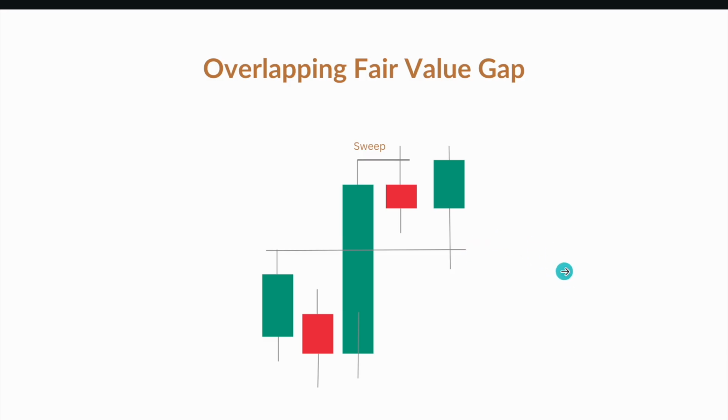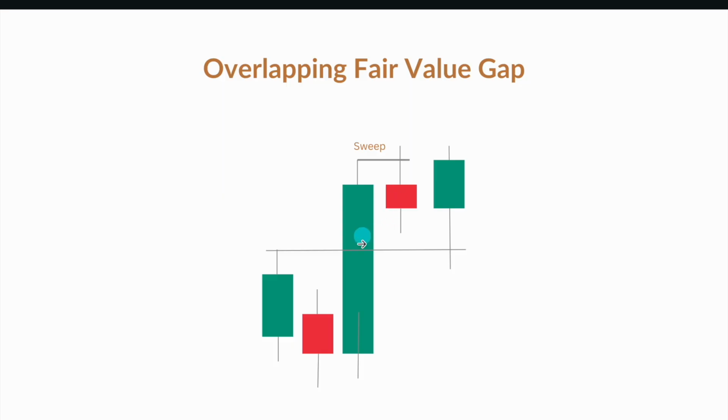So how can the fair value area be located on a chart? We have seen that a fair value gap is a three candle pattern. The first candle could be anything, the second candle is an expansion candle, and the third candle again could be anything, consolidation or expansion.